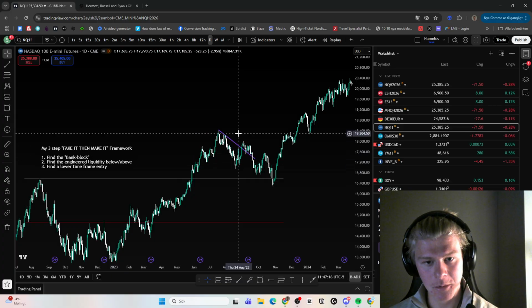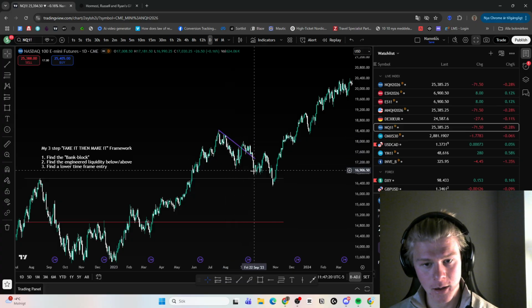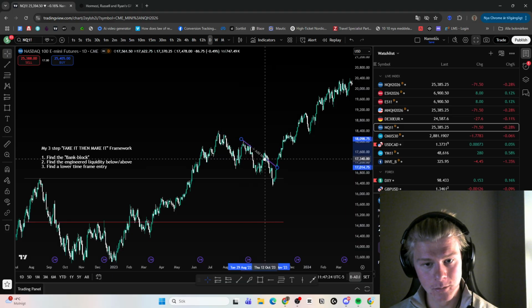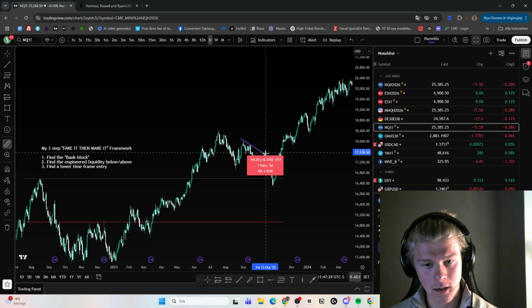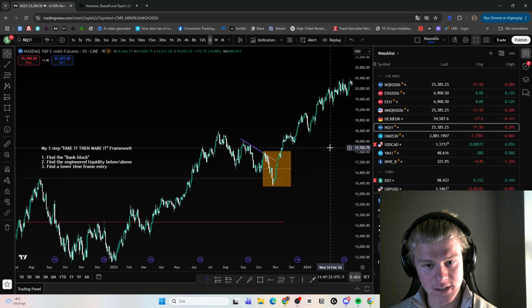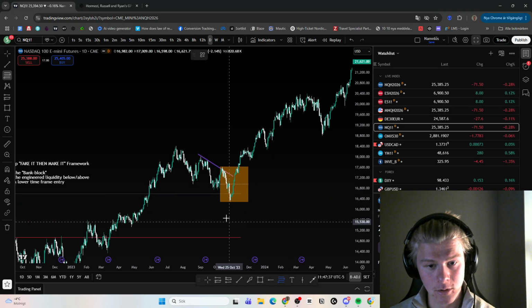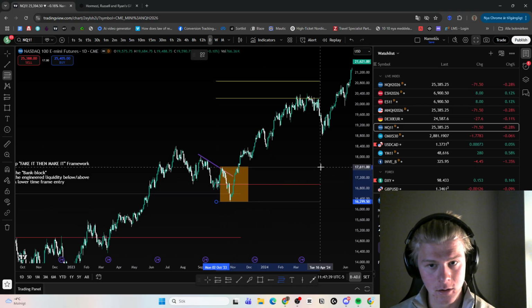Okay. Double bottom. Fake trendline breakout. Where are stops? Below there. Boom. Look. Double top, bottom. Another trendline breakout, right? Sweep it. What does this now become? That's our new bank block on the daily.